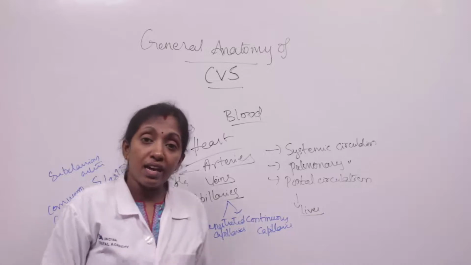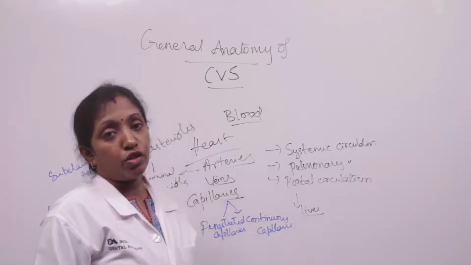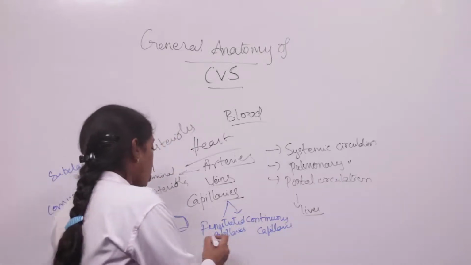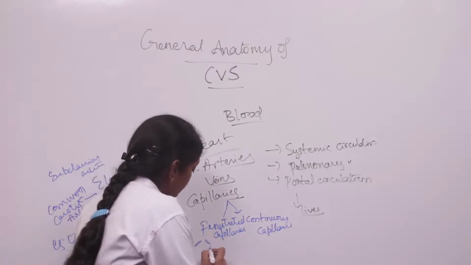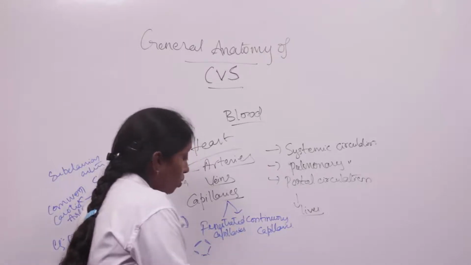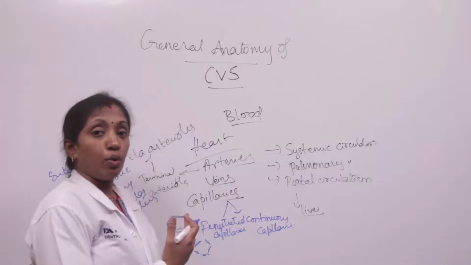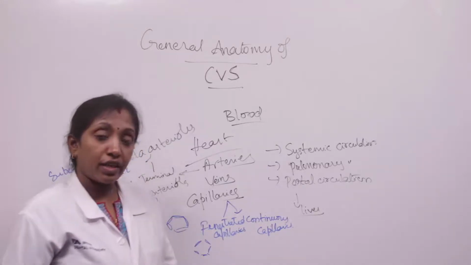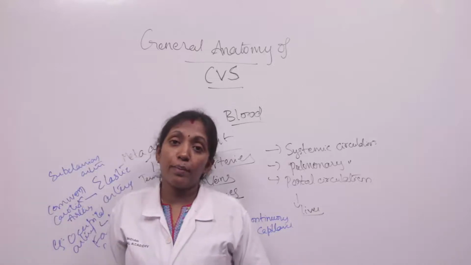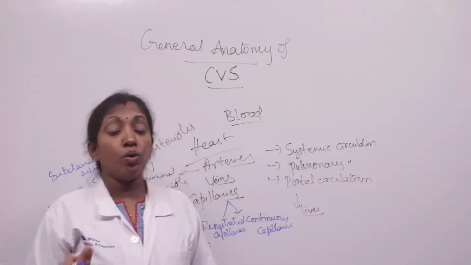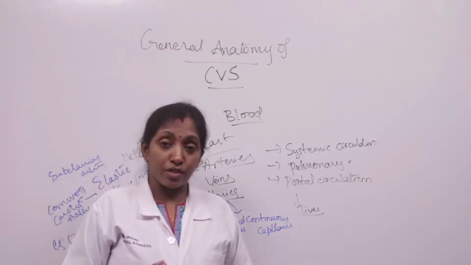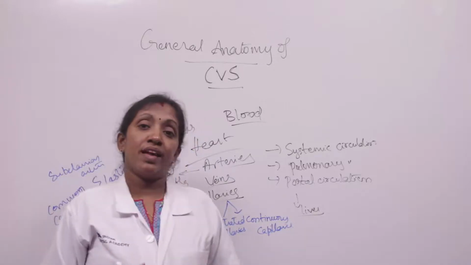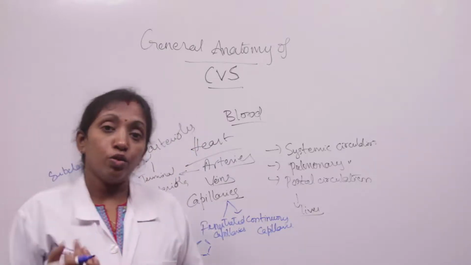Fenestrated capillaries have gaps between the endothelial cells, and they allow large molecules to pass through. So continuous capillaries allow only small molecules to pass, and fenestrated capillaries allow large molecules to pass through.